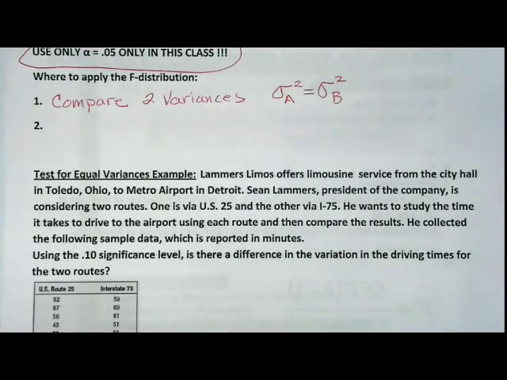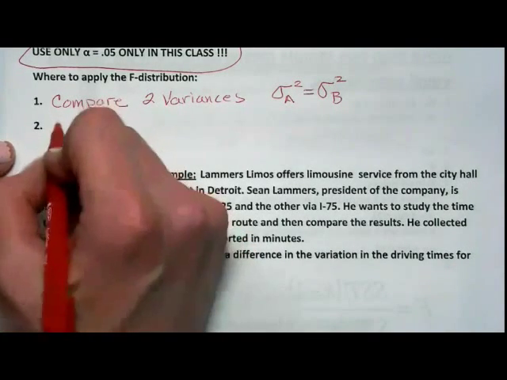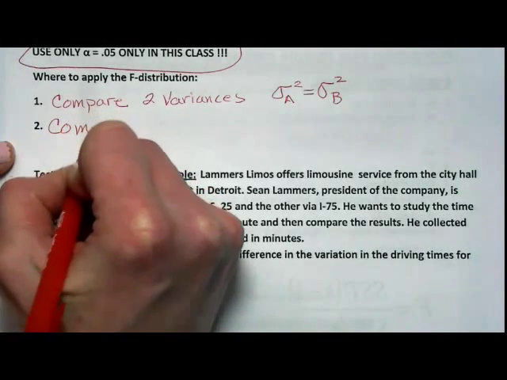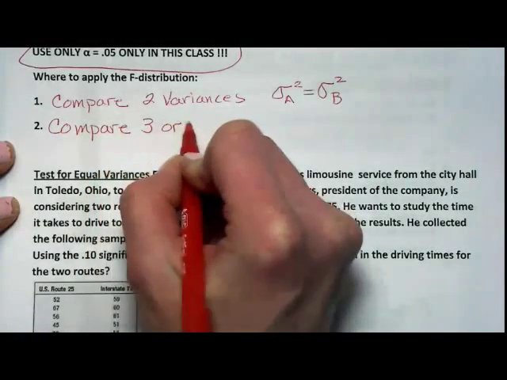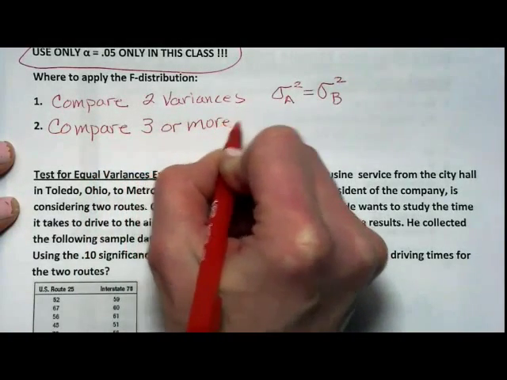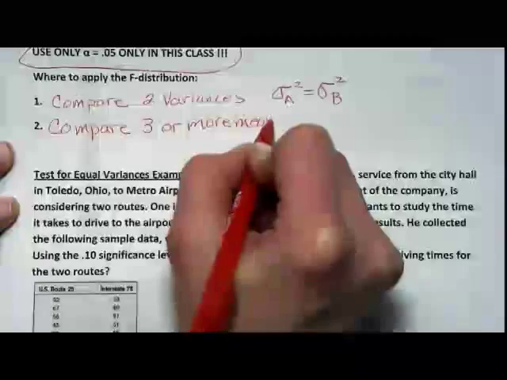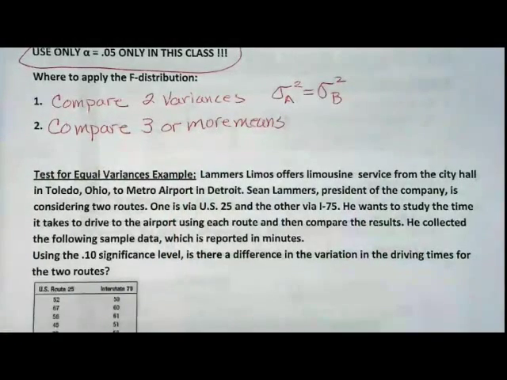The other area we use the F distribution, completely different, is when we compare 3 or more means. Okay, 3 or more means. What's an example of 3 or more means?